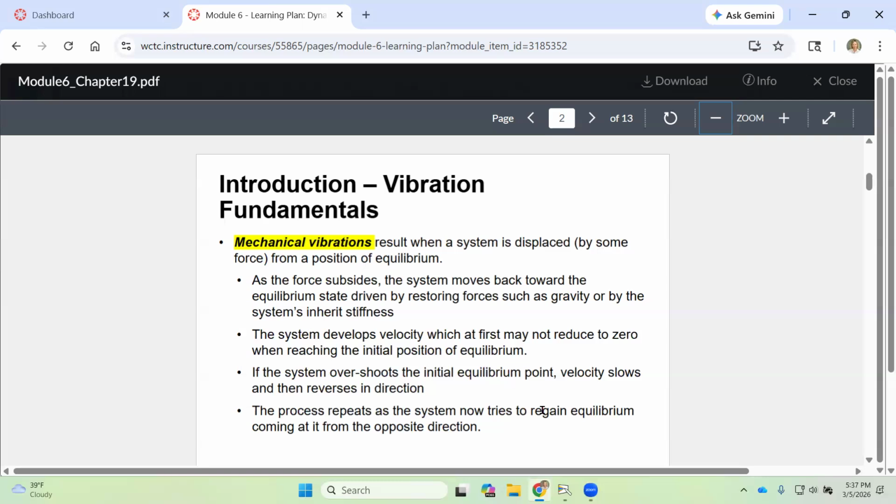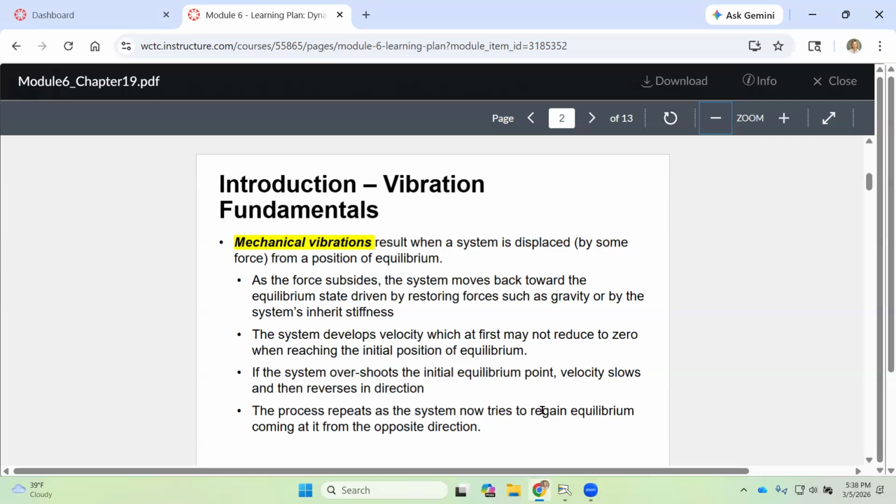Now, that system, as it's trying to correct itself, is developing velocities that aren't normally in the stable equilibrium state. What ends up happening is it starts to move towards and possibly past, or overshoot, that equilibrium point it's trying to re-achieve.